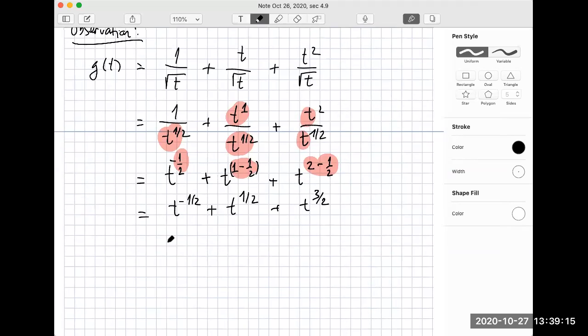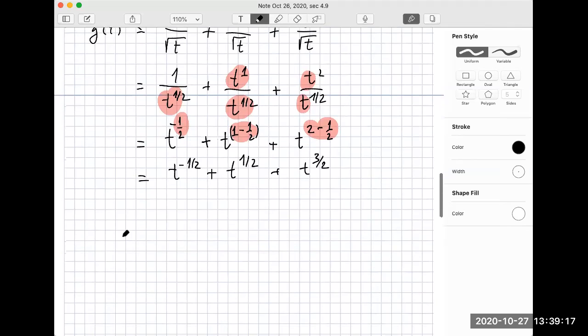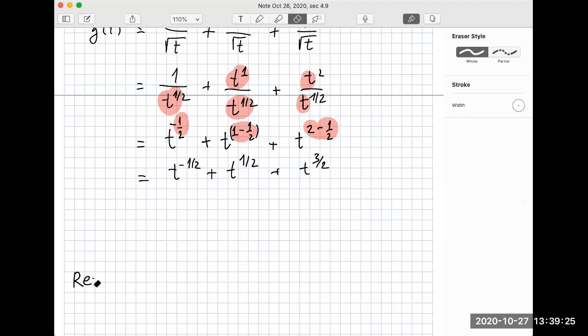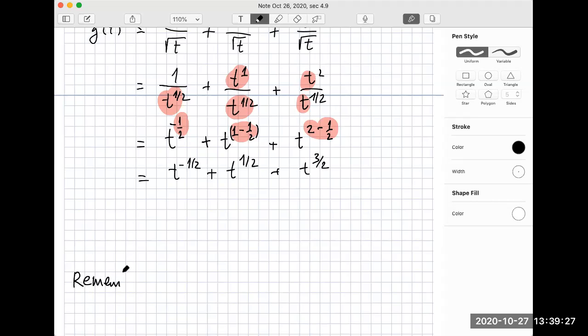So now, remember the formula. The derivative of x to the n gives us n x to the n minus 1, right?